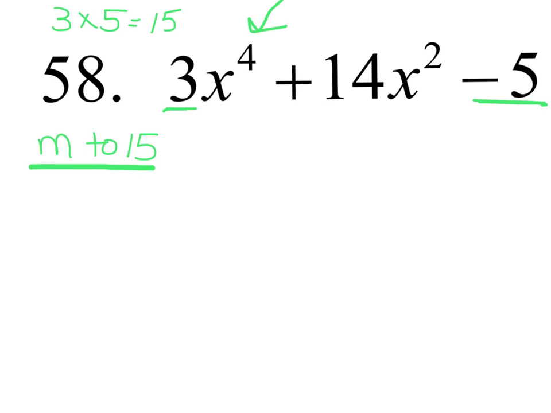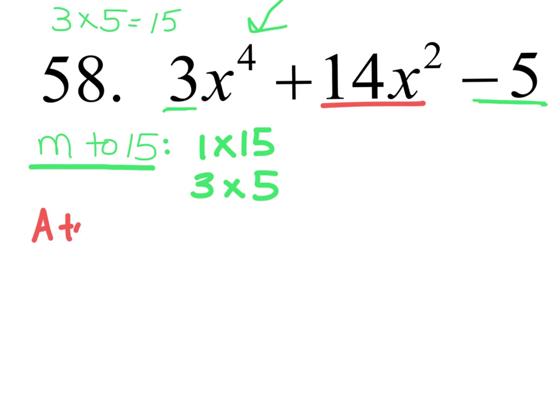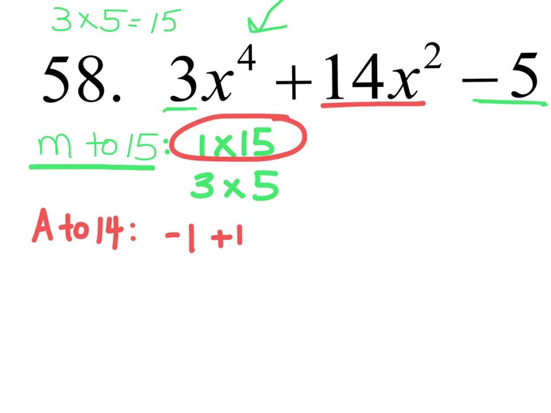So let's think of some numbers that multiply to 15. 1 and 15. 2 doesn't go into 15, but 3 does. 3 times 5. Nothing else goes into 15. Now, the second part is this middle term. We want two numbers that actually add to 14. Well, 3 and 5 will not add to 14, but 1 and 15 will. And in order to get 14, we'll need -1 and 15.